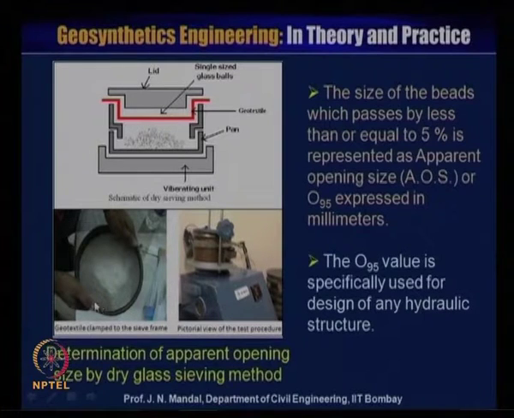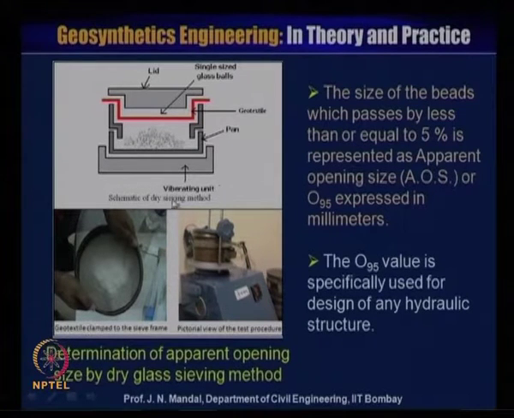So, this is the geotextile, this inside geotextile clamped to the sieve frame, and this is the pictorial view of the test procedure. You can see this is the schematic of dry sieving method.